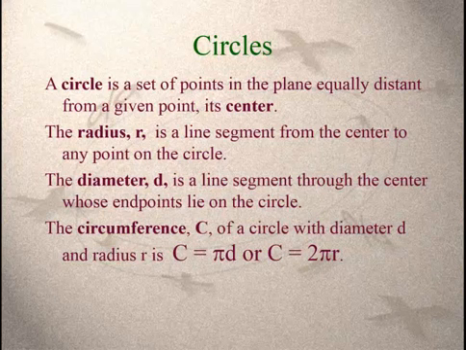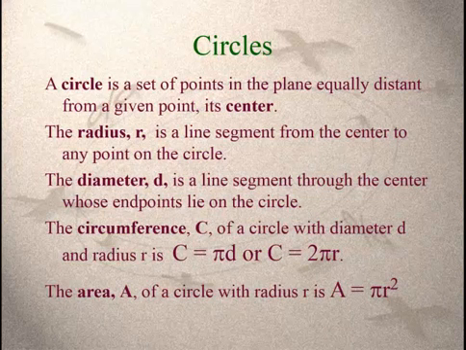And remember, the diameter is the line segment through the center whose endpoints lie on the circle. And the second equation, C equals 2 pi R, we would use when the radius is given. And the area A of a circle with a radius R is A equals pi R squared.